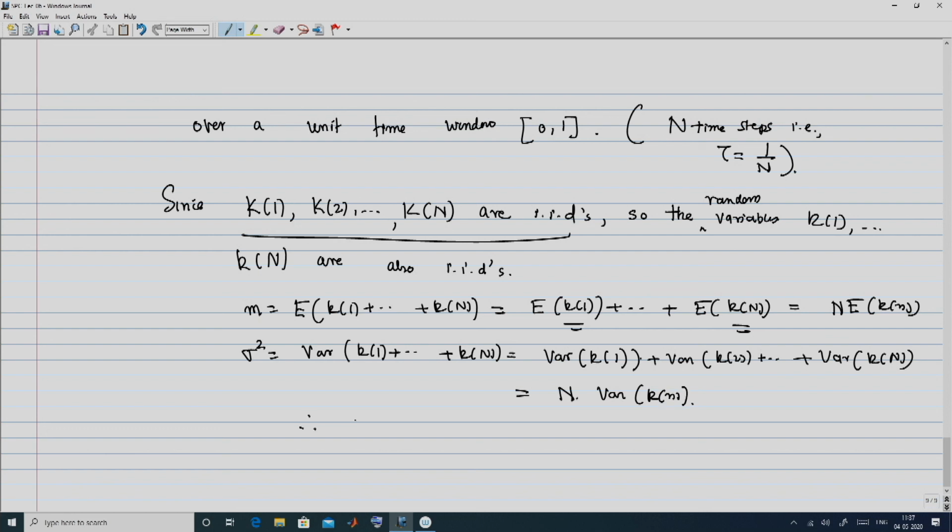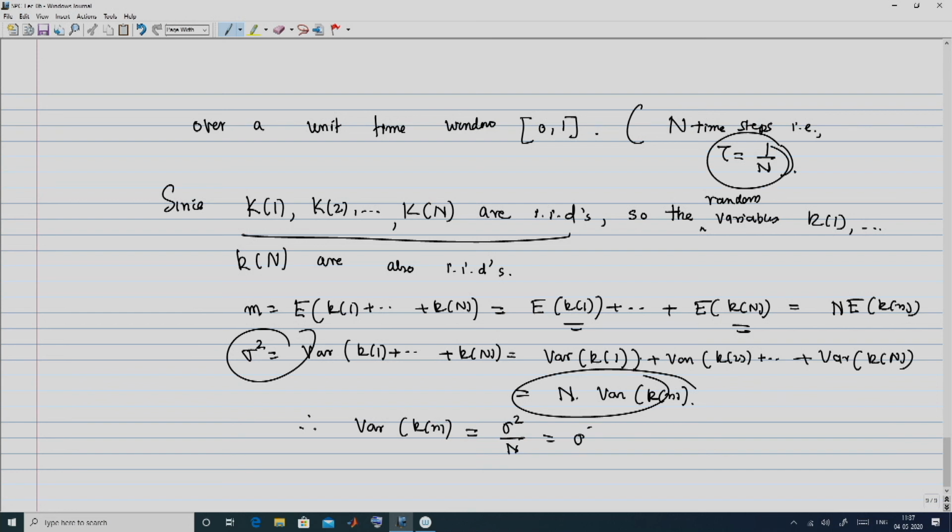So, therefore, variance of kn from this relation will become equal to sigma square over n, and remember n is 1 over tau. So, this becomes sigma square over tau. So, therefore, the standard deviation of kn is going to be the square root of this term, which is sigma into square root of tau. And please remember that these will all hold for each n.